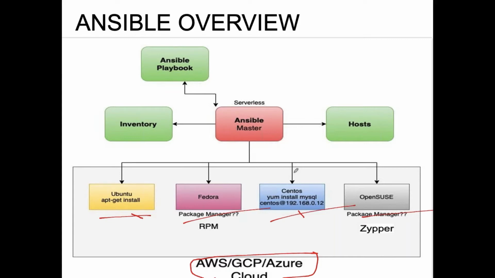So the very initial step is to make the proper connection between those remote machines and the Ansible machine. I will provide you some simple steps, and you just need to follow them. Based on that, you will establish the connection between your Ansible master and the target machine as well.